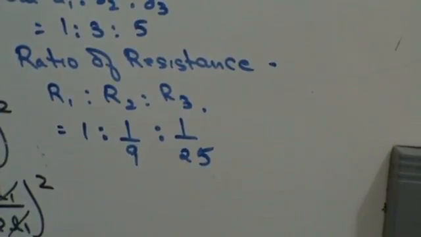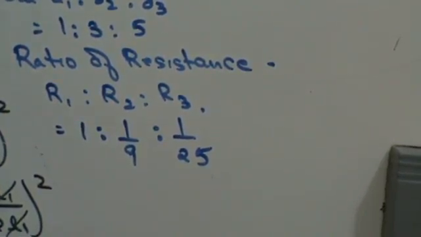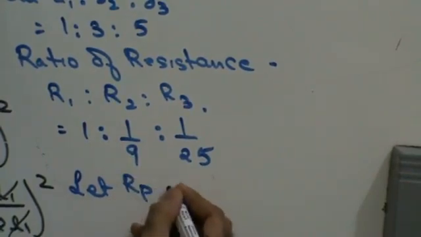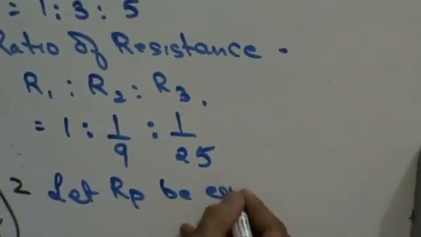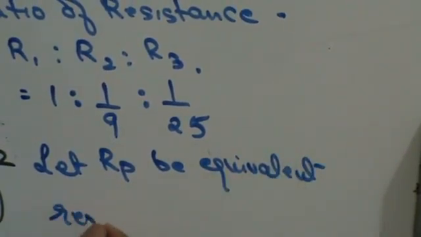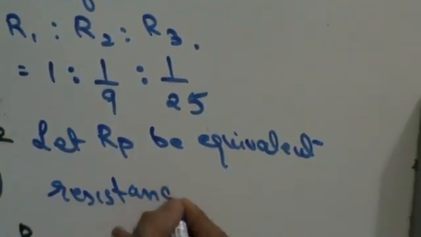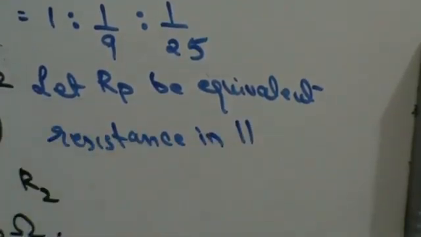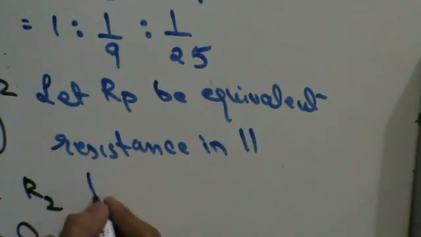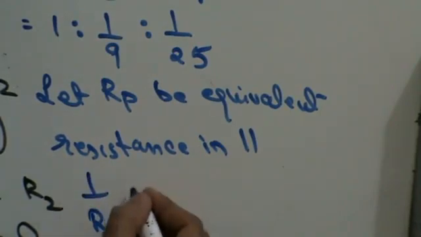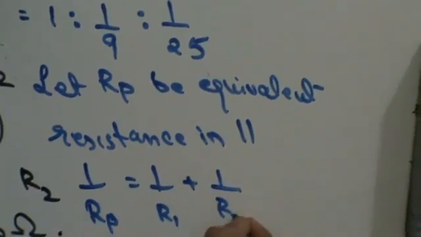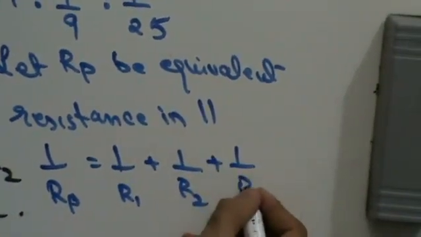Now they have said that the wires are connected in parallel. Let Rp be the equivalent resistance in parallel. When resistors are connected in parallel, 1 upon Rp is 1 upon R1 plus 1 upon R2 plus 1 upon R3.